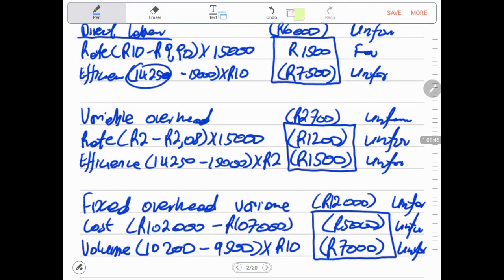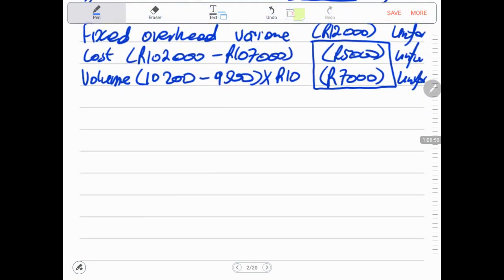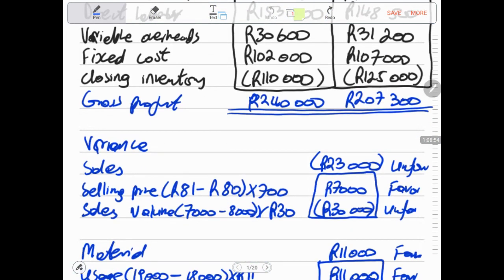Now when we do the reconciliation of profit, we just say budgeted profit, which is 240,000, minus the variance, it will give us the actual profit. So that is exactly what we'll be doing.